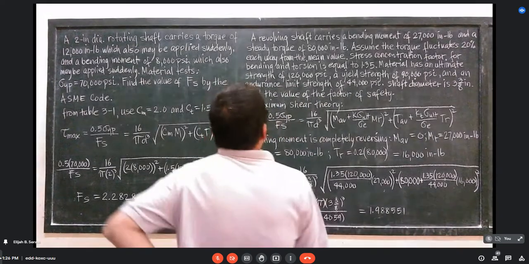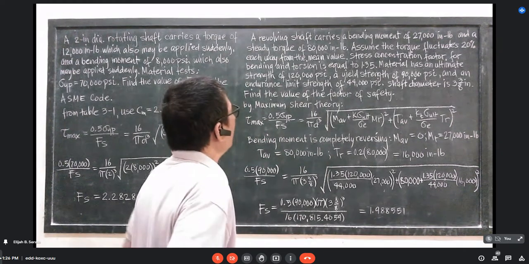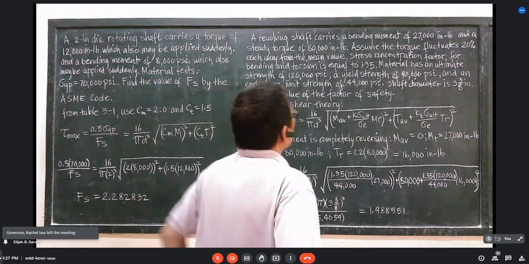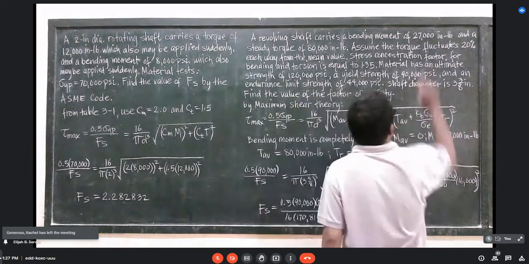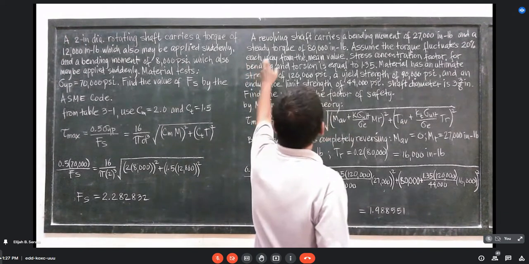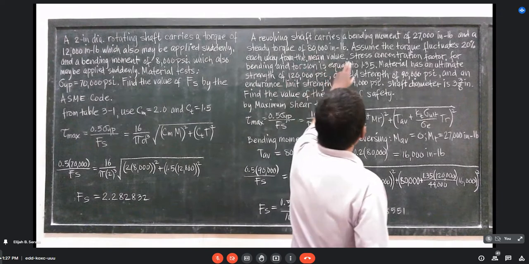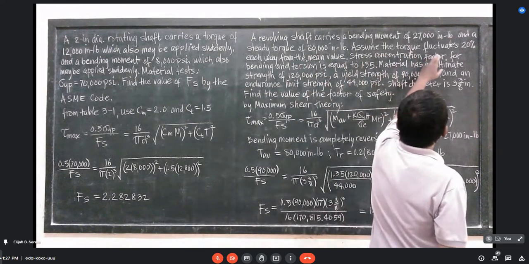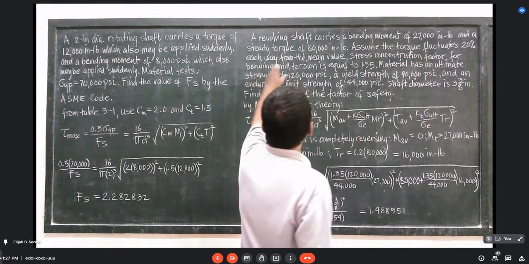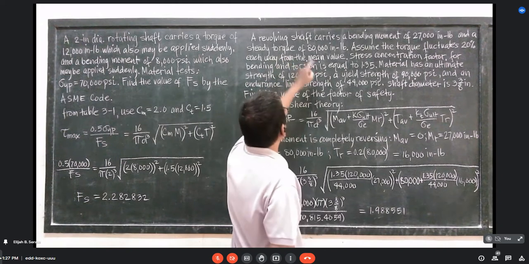This time, we have a revolving shaft and it carries a bending moment of 27,000 inch-pound. Steady torque of 80,000. However, the torque fluctuates. No? The torque fluctuates 20% each way from the mean value. So the mean value is actually the steady torque.